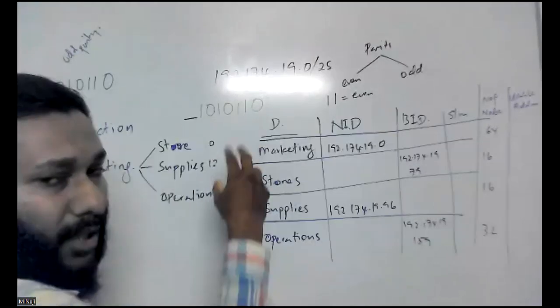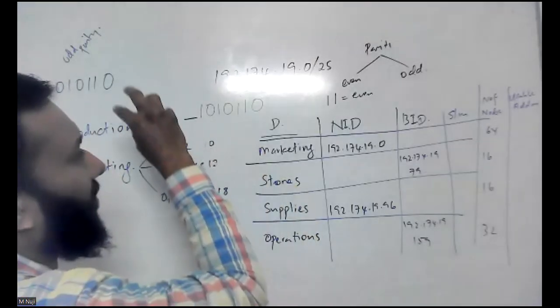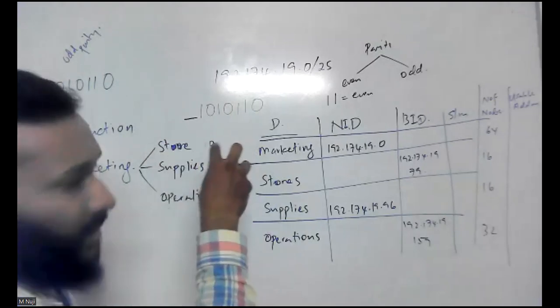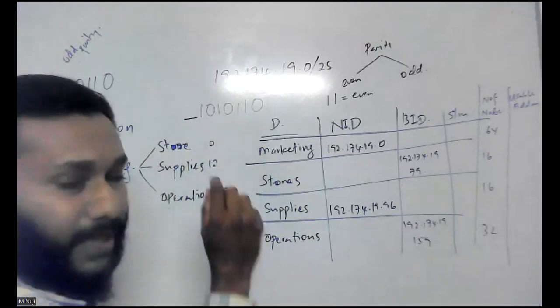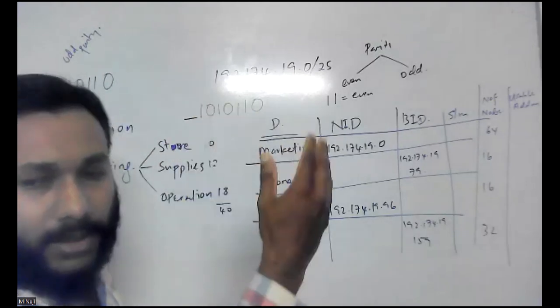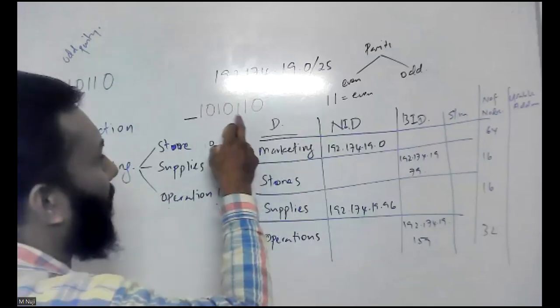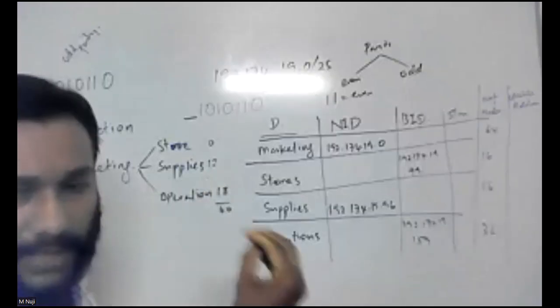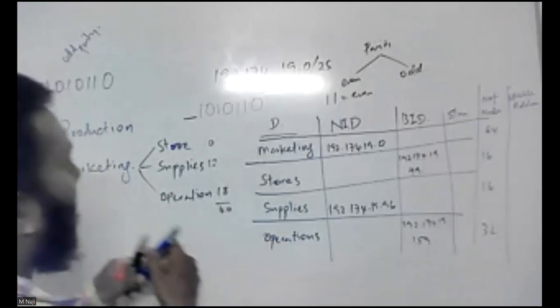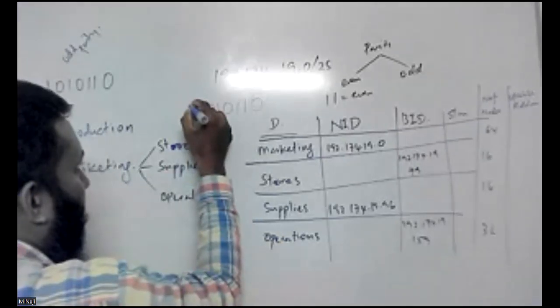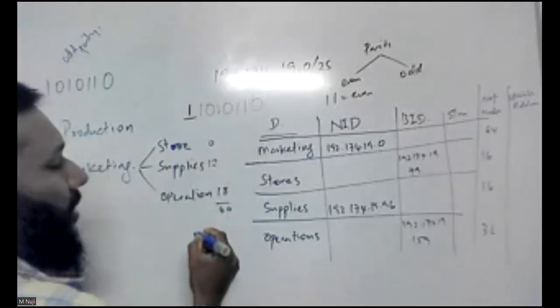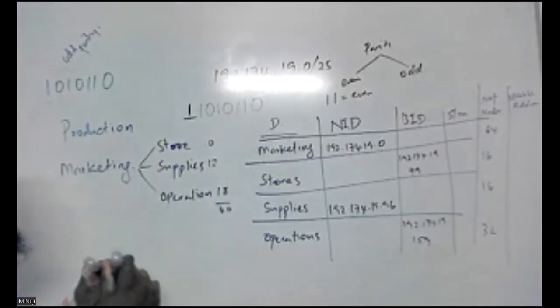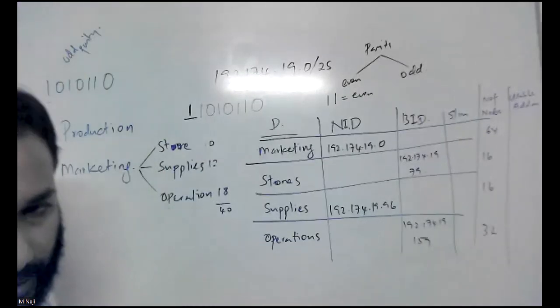This is checking only odd, which means the ones should be an odd number. So 1, 2, 3, 4 means now it is even. Therefore, I applied another one to fulfill the requirement of odd parity.